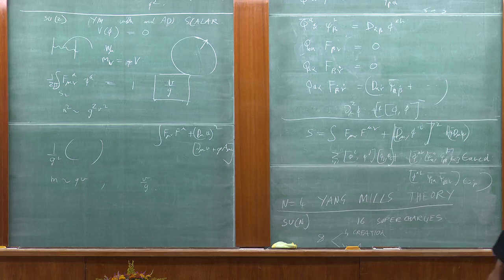Okay. So, it's this duality of Montonen and Olive that has resurfaced in the context of the n=4 theory. Okay?